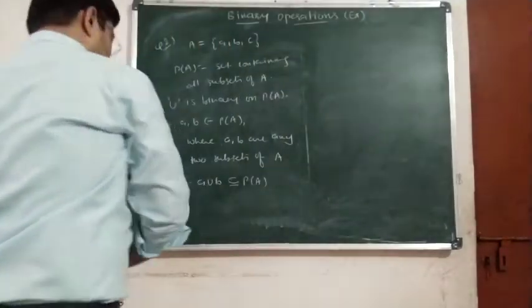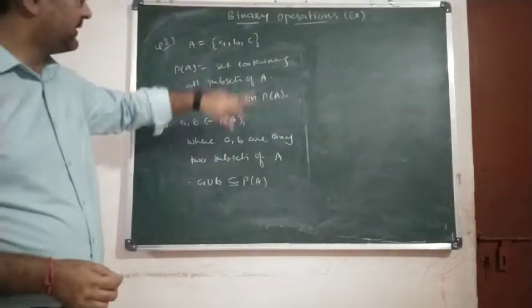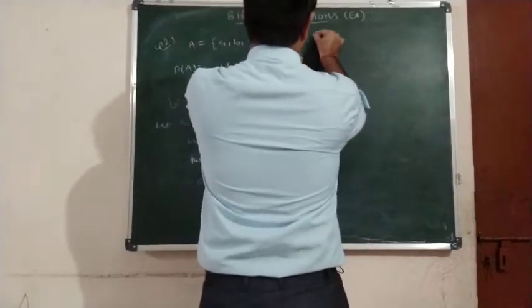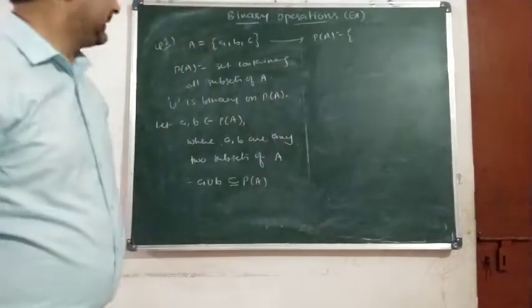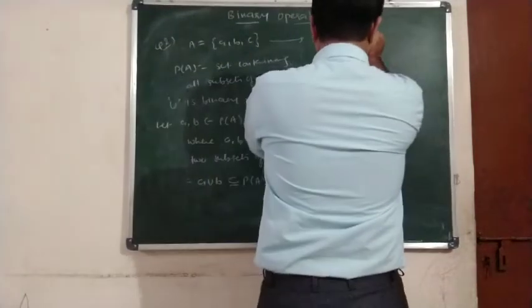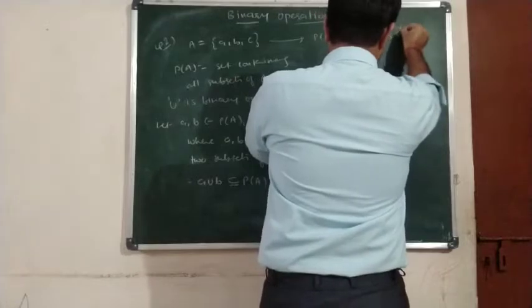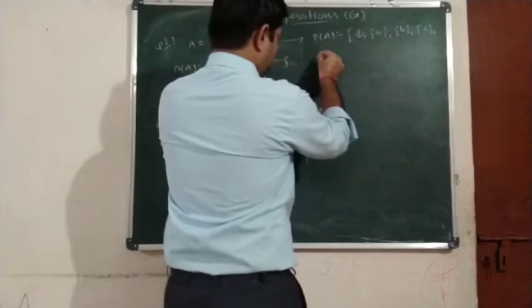This fact can be understood with the help of an example. For giving an example, let us make the power set of A for the given set A. So the empty set, and we can write down the 8 elements of P of A quickly.